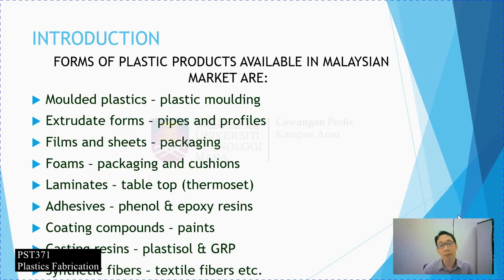on other material surfaces. And then we have coating compounds, which are mainly used as paint, and casting resins such as plastisol and GRP. And finally, we have synthetic fibers, for example textile fibers.